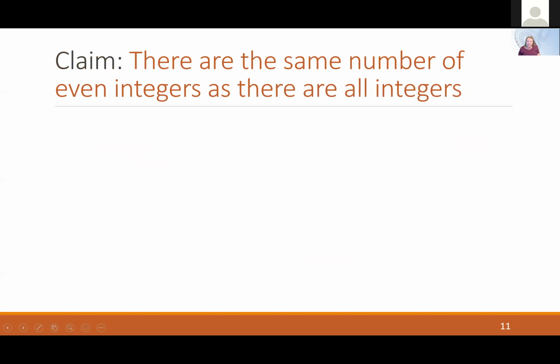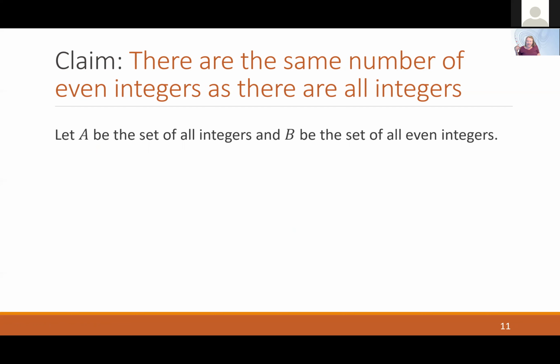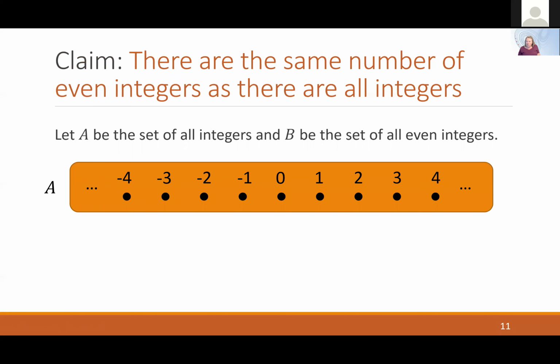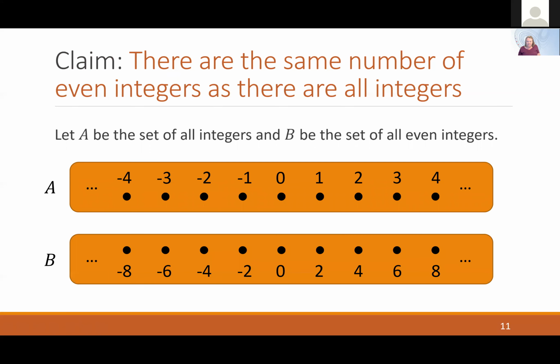So if I'm talking about even integers and all integers, we could say, let A be the set of all integers and B be the set of even integers, then we would need to be able to find a function that would take the set of all integers to the set of even integers. So our set A would look something like that, where we'd have all of the integers, and set B would be something like that.